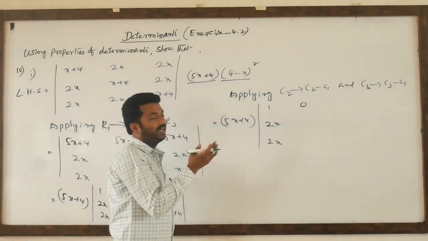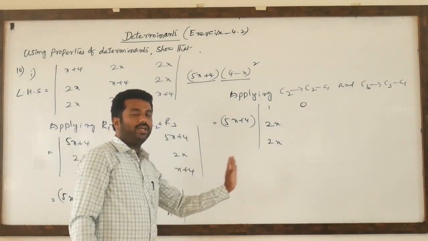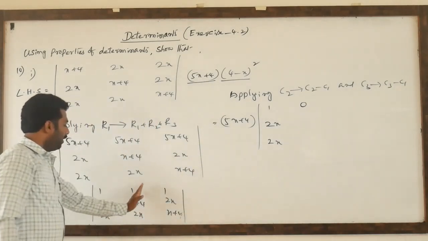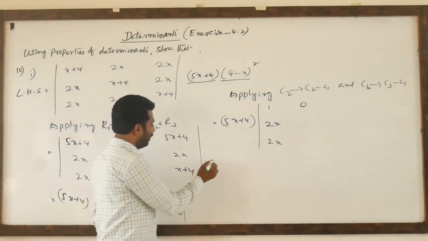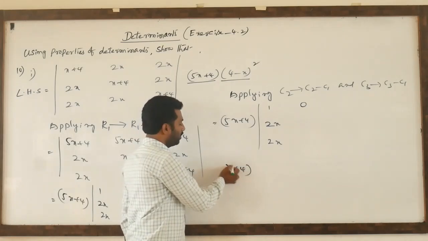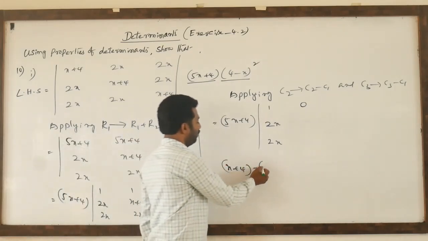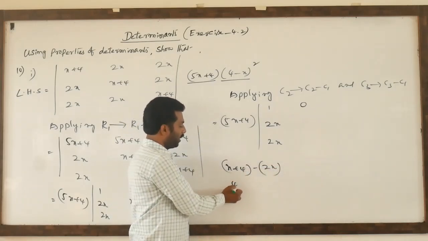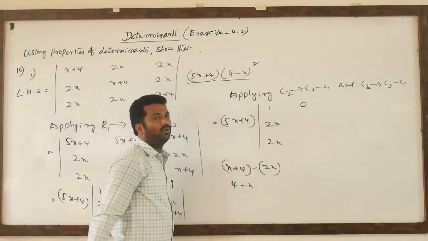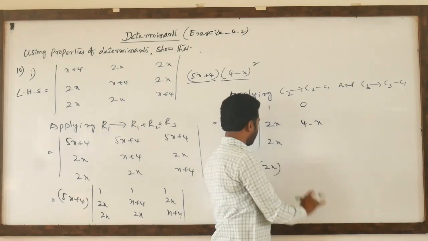Already I told you, whenever you are operating column operations, your hand will move left to right or right to left. See, C2 minus C1. Again C2 minus C1. You observe. What is C1 element? X plus 4 minus corresponding C1 element, this is 2x. X minus 2x nothing but minus x. Nothing but 4 minus x. So what we got here? 4 minus x.